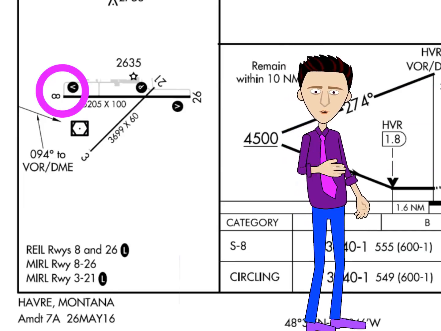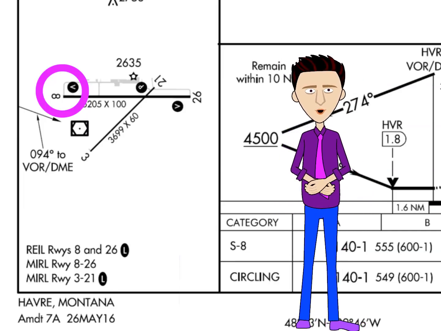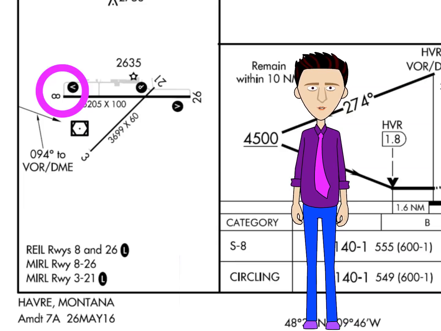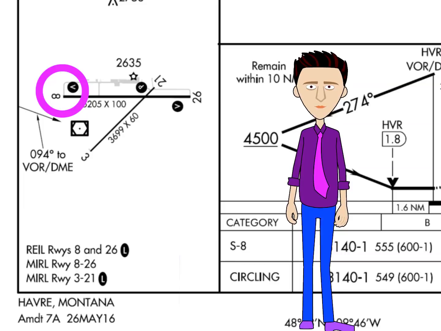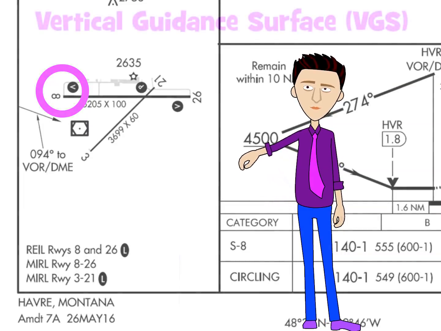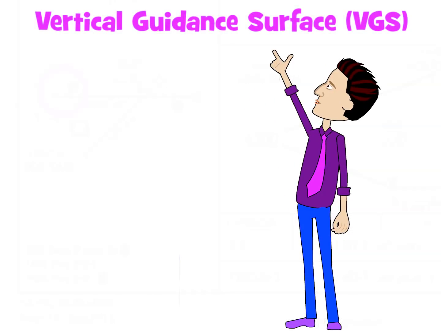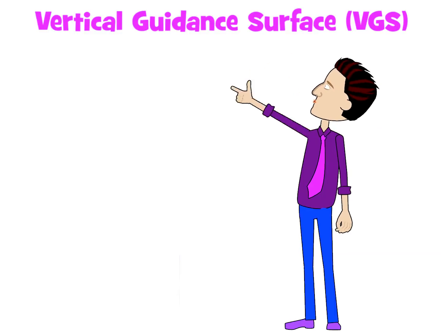And as a final note, what type of instructor would I be if I didn't bring you the latest update in IFR chart design? So let's talk about a new kid on the block known as the VGS, or Vertical Guidance Surface.